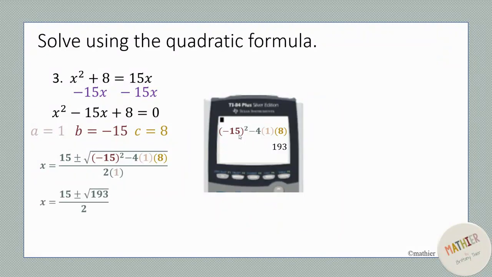So we have 15 plus or minus the square root of 193 all over 2. 193 is not a perfect square, so I cannot simplify that. I would just round it by typing the number into my calculator. I would do 15 plus the square root of 193 divided by 2, and then taking 15 minus the square root of 193 and dividing by 2 to get the two separate answers.